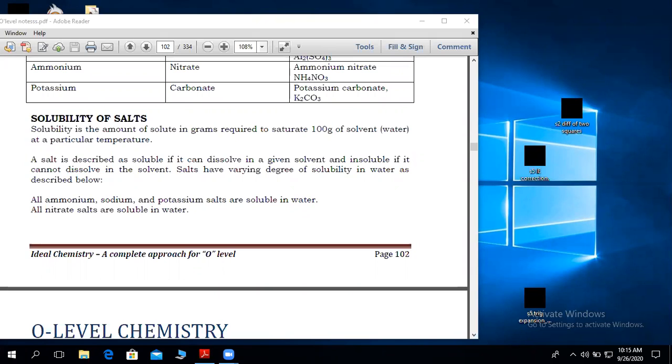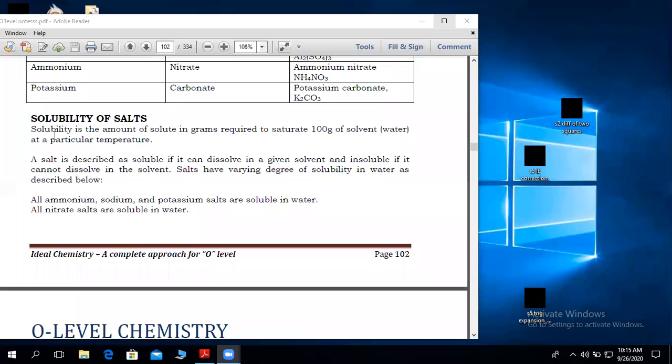No, potassium and ammonia. You're already offside. We said from the start, every potassium, sodium, and ammonium salt dissolves in water. So Bate has just let us down, but let us continue.